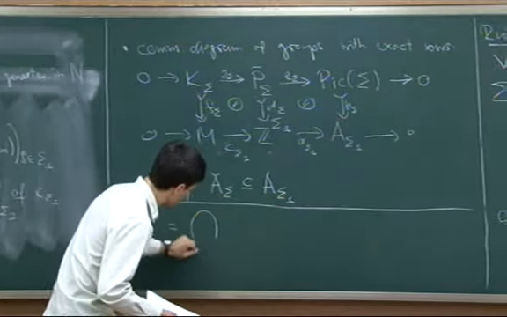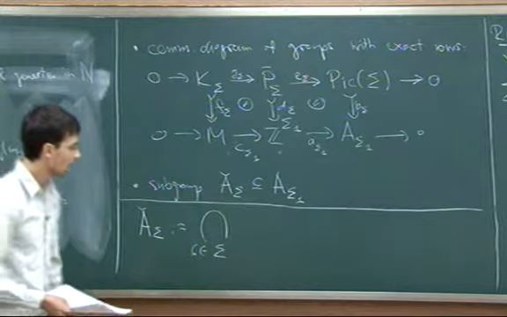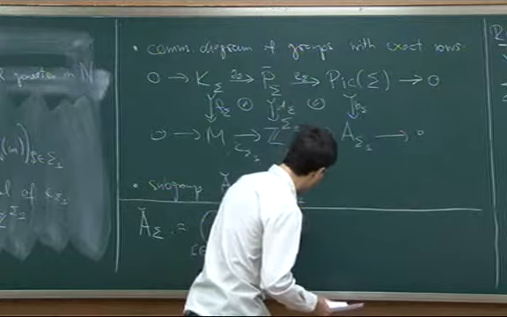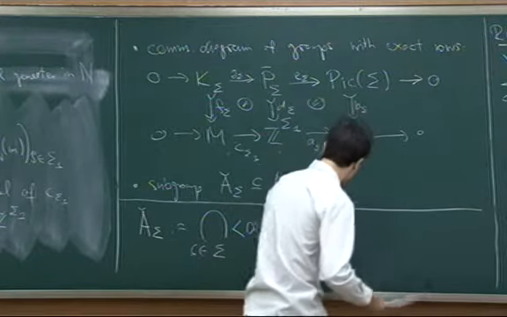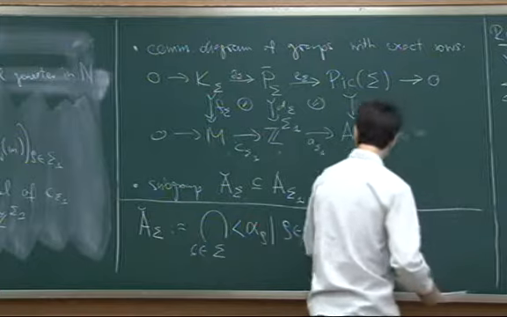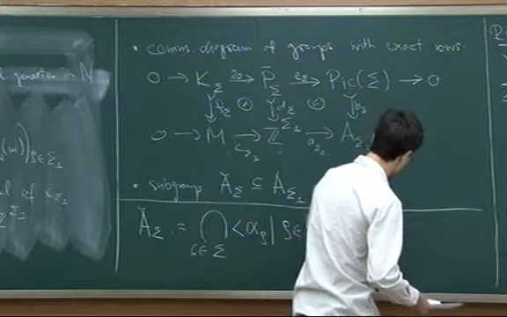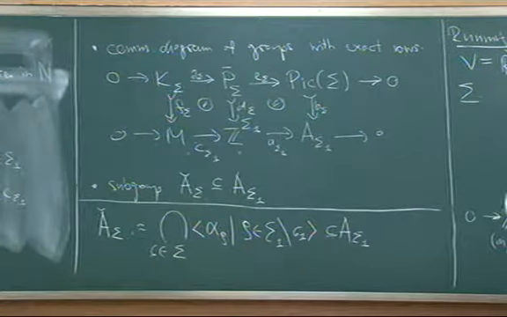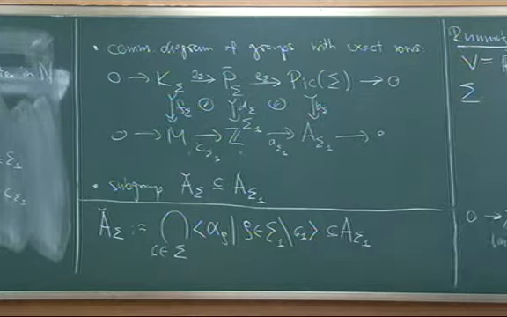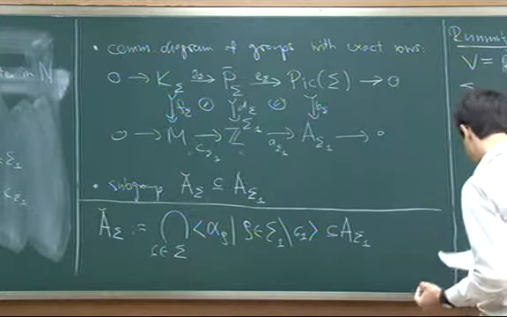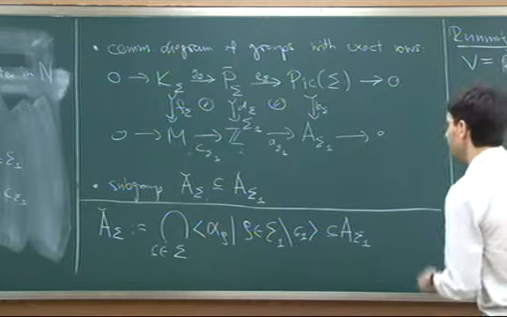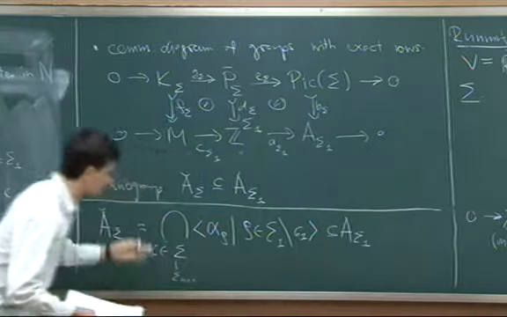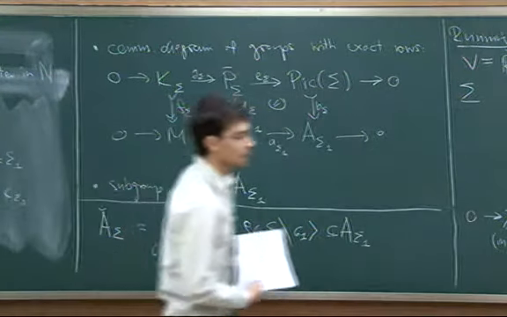So it is the intersection over all cones in sigma of the groups generated by alpha rho, where rho runs through all one-dimensional cones that do not lie in sigma. So this is some subgroup here. Looks a little bit complicated, but we will see later on that this has some meaning. Okay. And it is clear that here we can also only take the maximal cones, so this makes it easier to compute it.